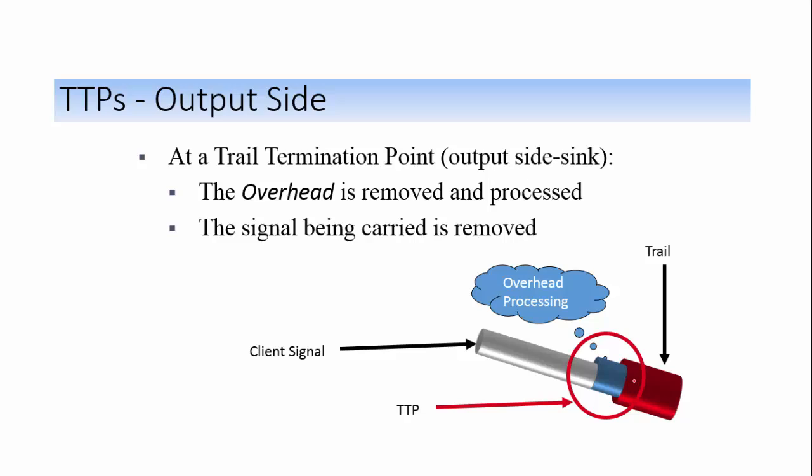And at the output side, that is at sink, this overhead which we have added at source is processed and the required client signal is taken out.